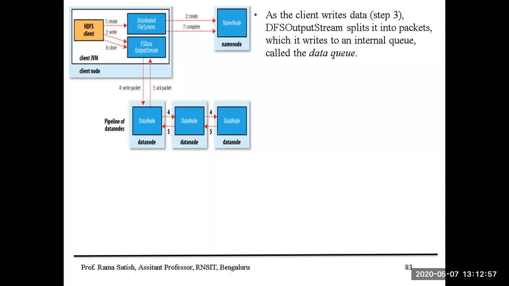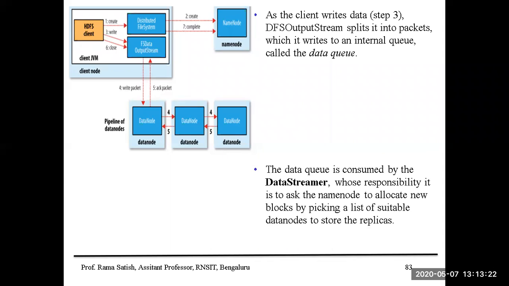Of course, data nodes are different computers, and if you want to store data on different computers, you have to make use of the computer network. Your entire data is split into packets, and these packets are pushed into the data queue.